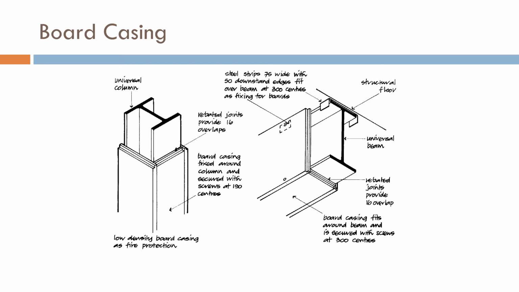These are not fireproof, they just stop the fire from reaching the structural members sooner. So there are steel strips of 75 width with 50 downstand edges fit over beam at 300 centers as fixing for boards. So these boards are put along, and these metal strips are put over it to clasp the boards together.